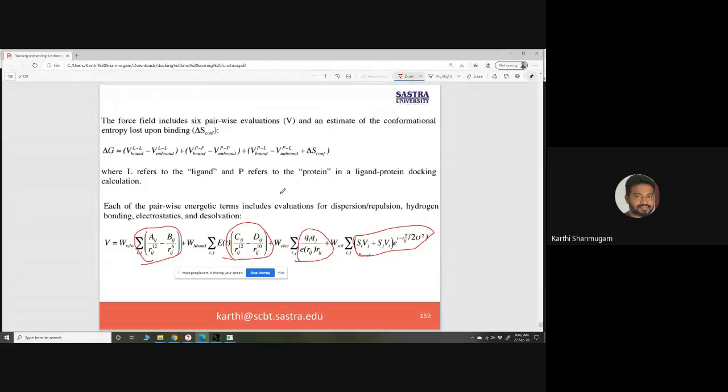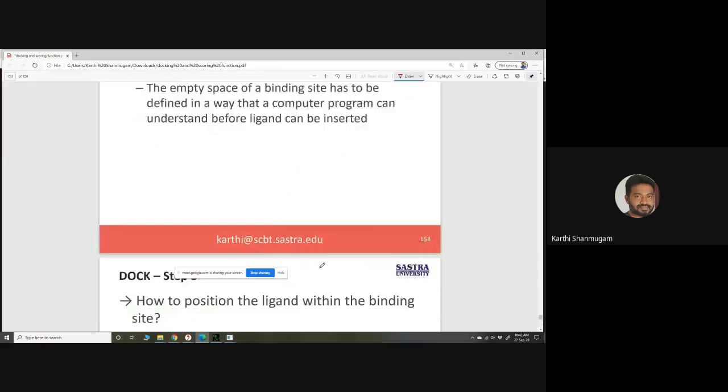And this is exactly the scoring function used in AutoDock. This is how we calculate the energy of the protein ligand complex, and we rank which pose is the best pose. That is all about molecular docking and scoring function.